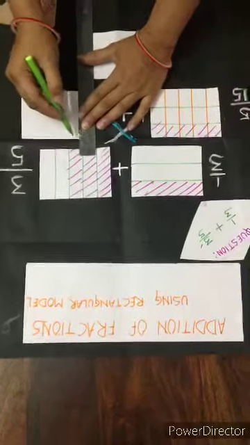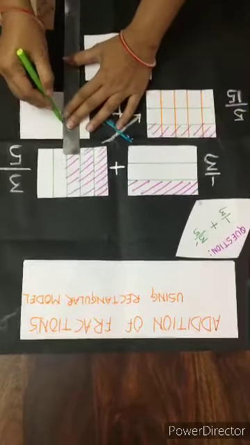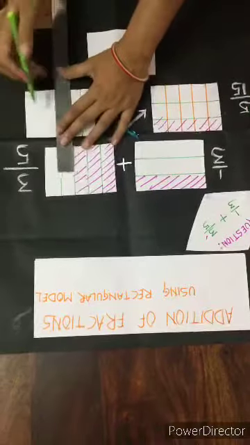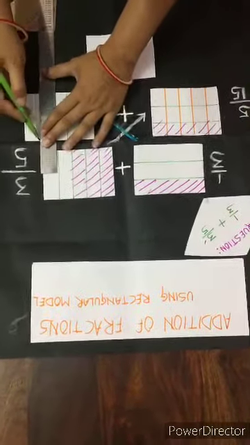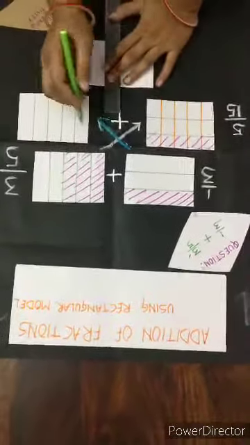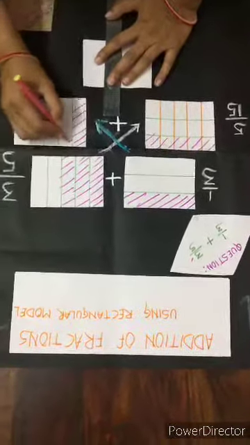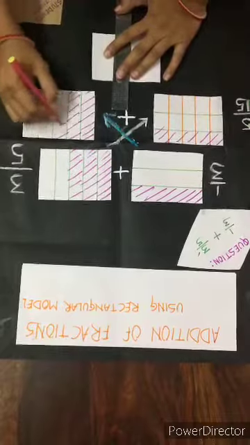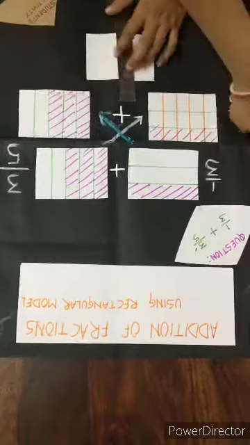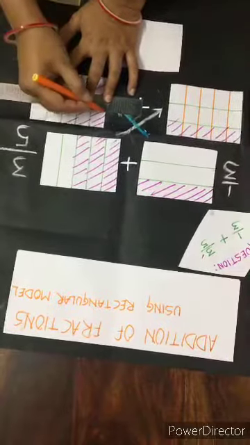First, draw the second figure. I have drawn second figure. I will shade 3 parts. And after that, I will bring the first figure inside the second figure.